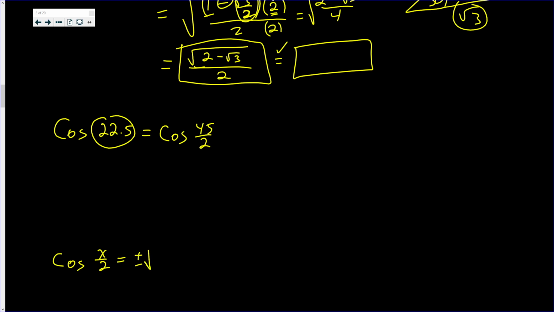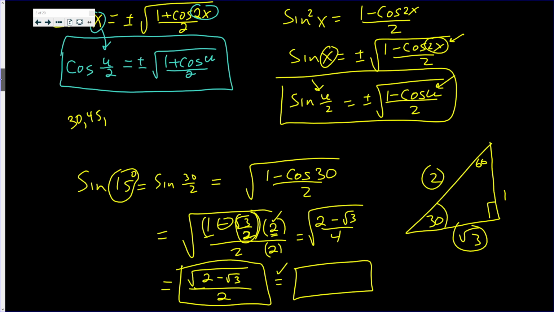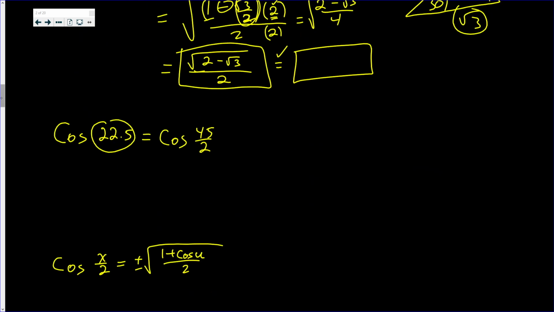It's plus or minus the square root of 1 plus cosine u, over 2. All right, so it's the square root of 1 plus cosine u over 2. Well, that's my x.